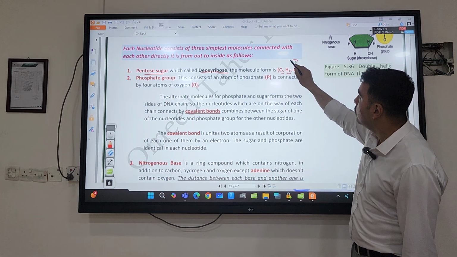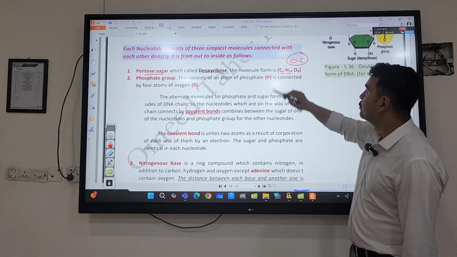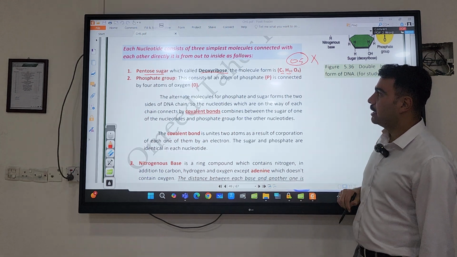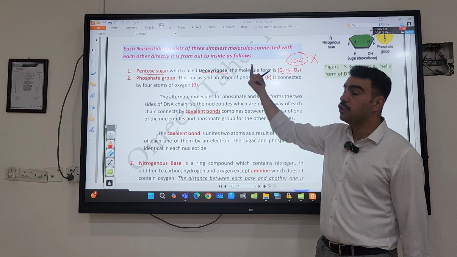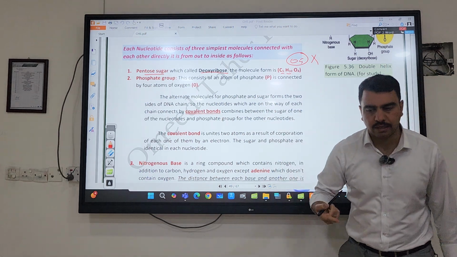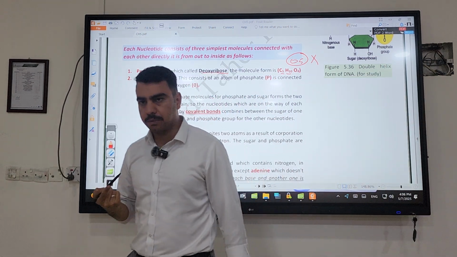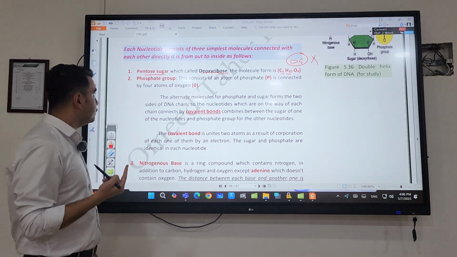Normally it should be O5, but it's not O5, is it? That's why we call it deoxy, meaning one oxygen is missing. The name deoxyribonucleic acid came from that.